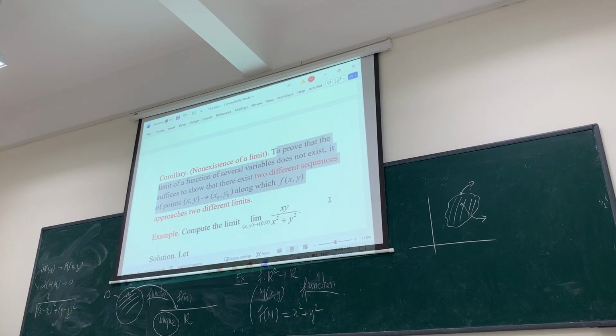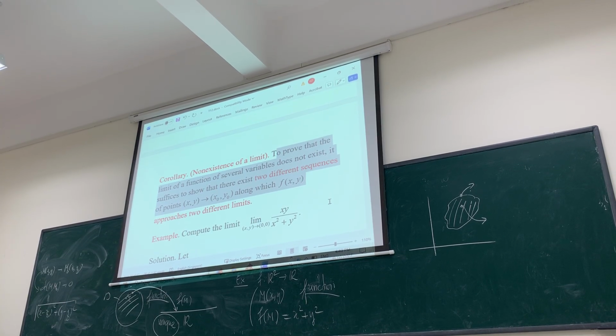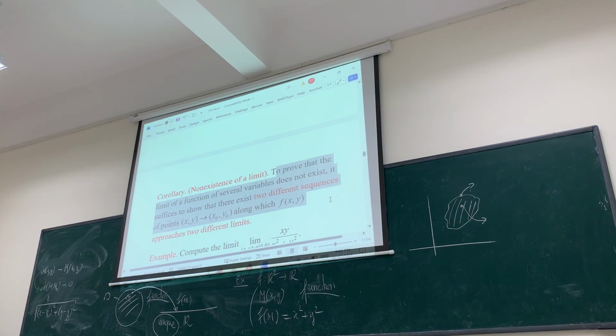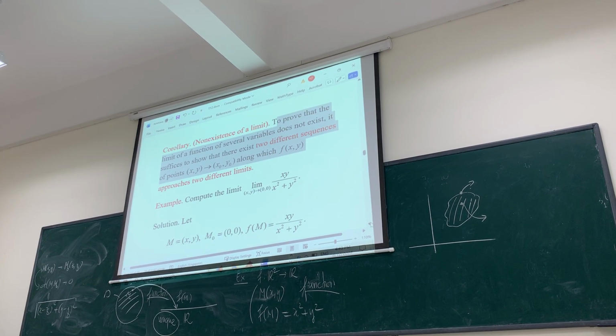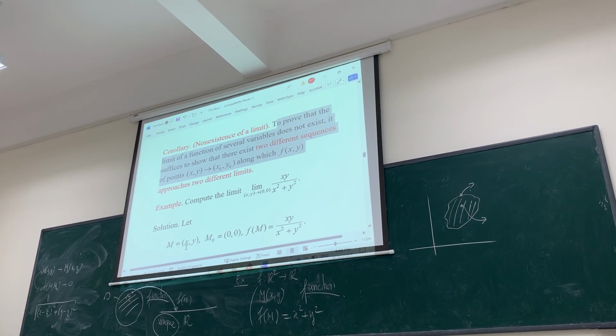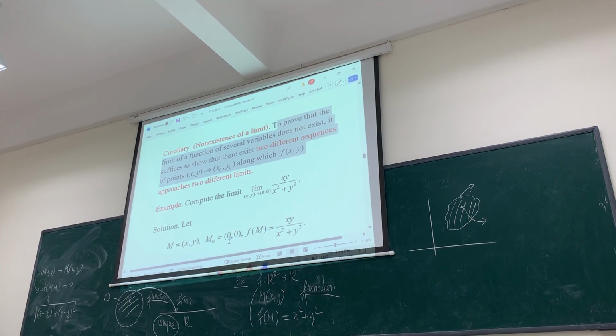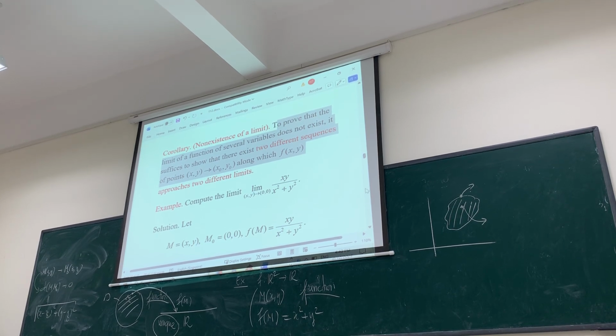Okay, we can prove that. For simplicity, we let m0 equal the origin 0, 0. The function f(m) equals xy over x squared plus y squared.